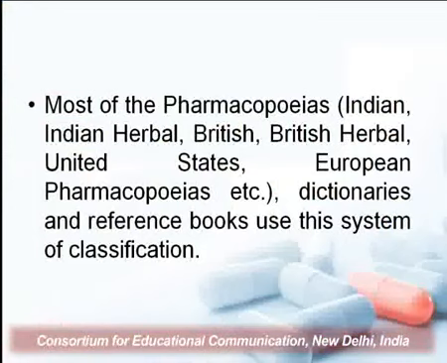And this is the most common type of classification system that is largely used by various official documents known as pharmacopoeias, like Indian Pharmacopoeia, Indian Herbal Pharmacopoeia, British Herbal Pharmacopoeia, United States Pharmacopoeia, European Pharmacopoeia, and so on. As already told, dictionaries and reference books use this kind of classification system.